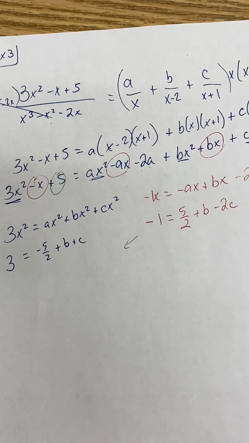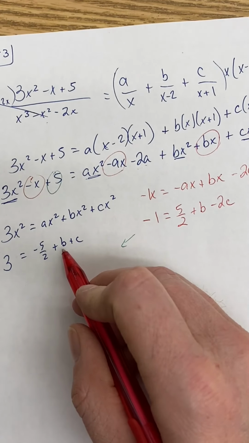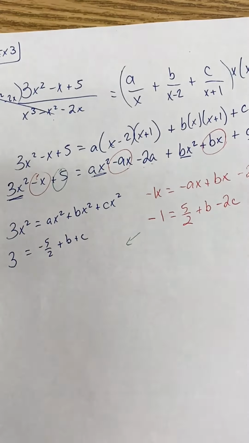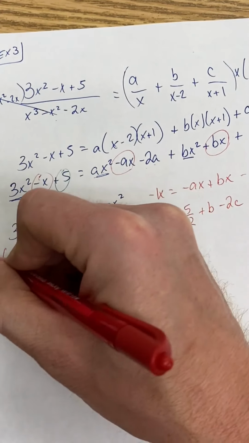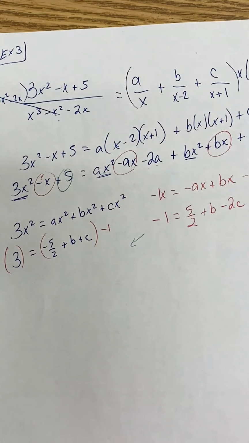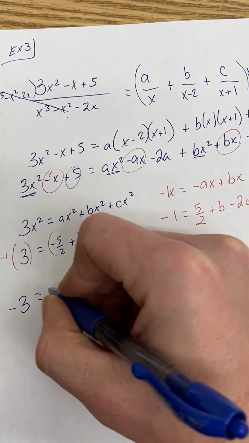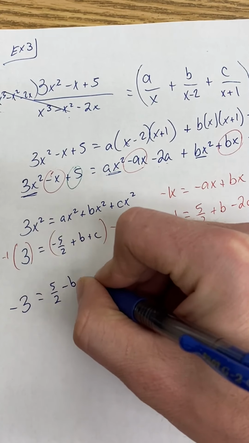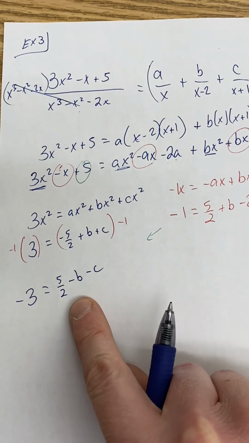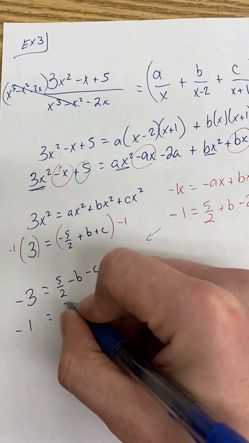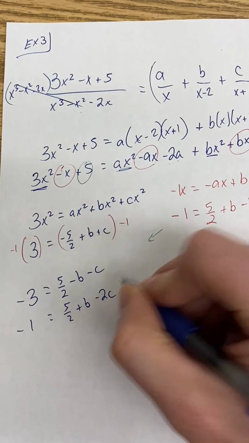So looking at it that way, I'm going to make this a negative b here. And to make that happen, I need to multiply all these by negative 1. So just multiply by negative 1 on both sides. And it's an equation, so I can do that. Whatever I do on one side, just do it to the other. So negative 3 would equal positive 5 halves minus b minus c. Okay. And if I bring this one down now, negative 1 equals 5 halves plus b minus 2c.